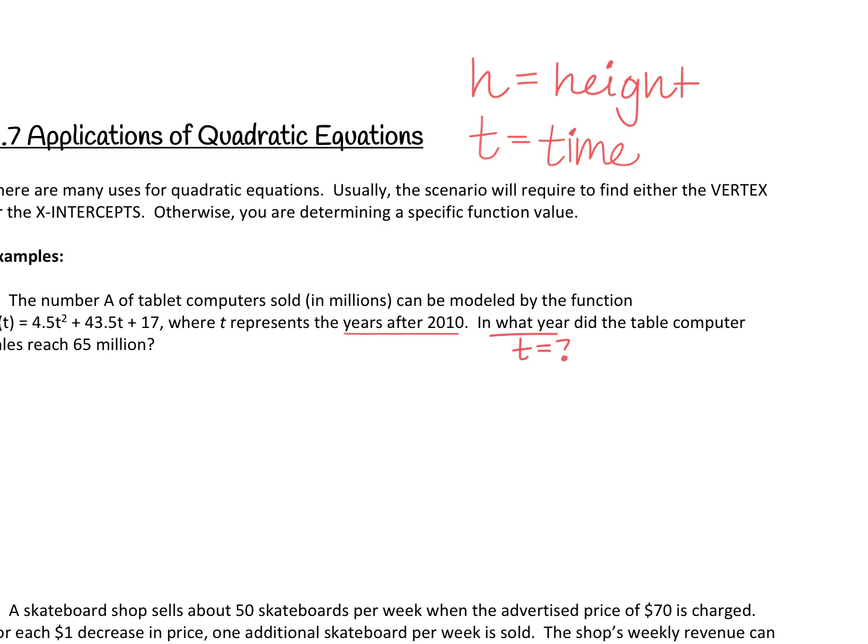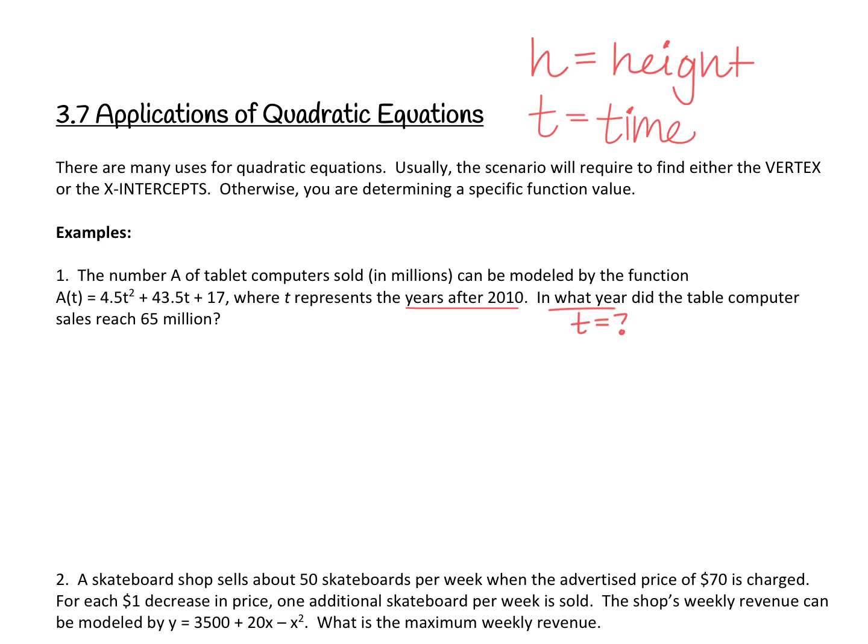In what year? Okay, but the second part says, in what year did the tablet computer sales reach 65 million? Like 65 million units. So when I say 65 million, read what it says. The number A represents the number of computers sold in millions.